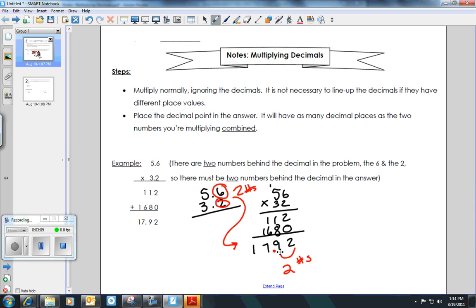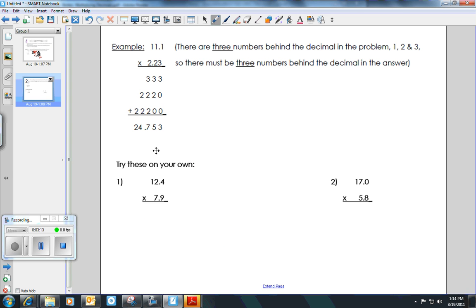Okay, let's look at the next example. In the next example, we have two numbers that have different numbers of decimal places. We have 11 and 1/10, and then we have 2 and 23/100. So when we are multiplying these, we're going to line them up on the right-hand side, just like they're shown here. The 1 and the 3 will be above each other.